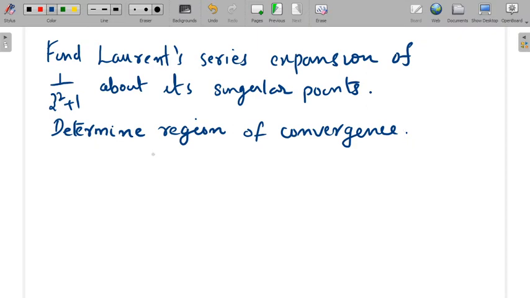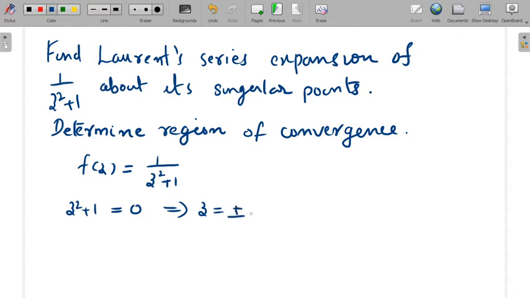Okay, and our function is f of z is equal to 1 by z square plus 1, and to get the singular points we equate z square plus 1 to 0, which yields the value of z plus or minus I. So these are the singular points of the function.